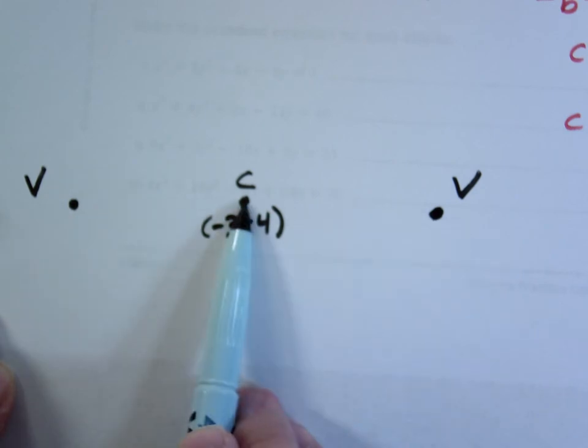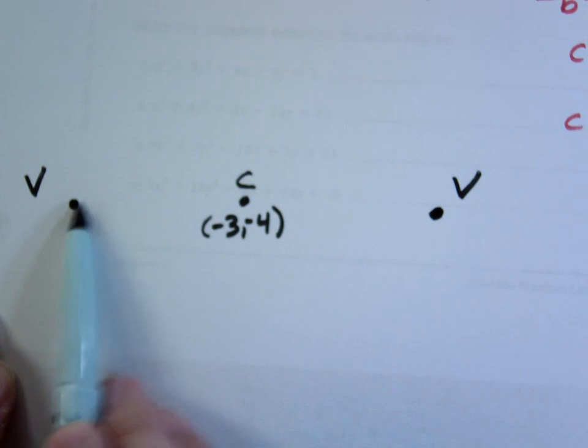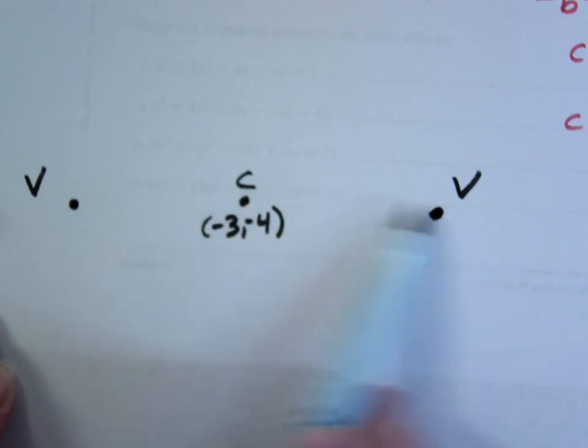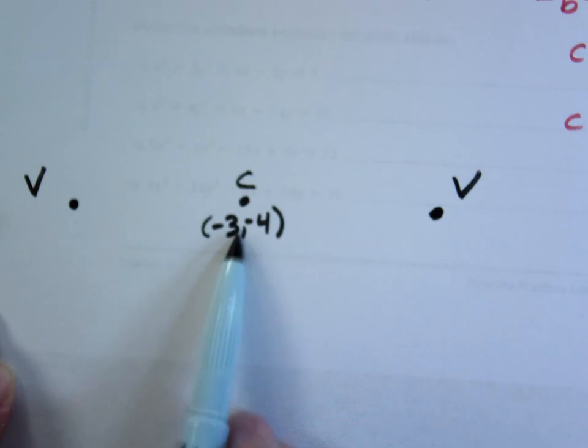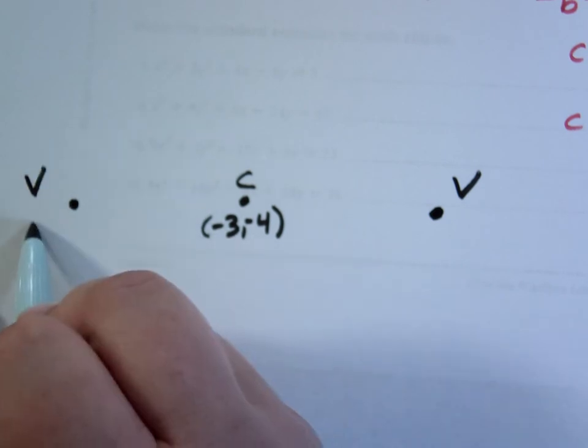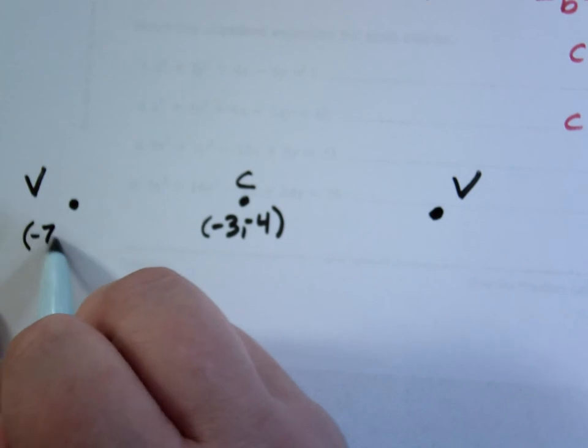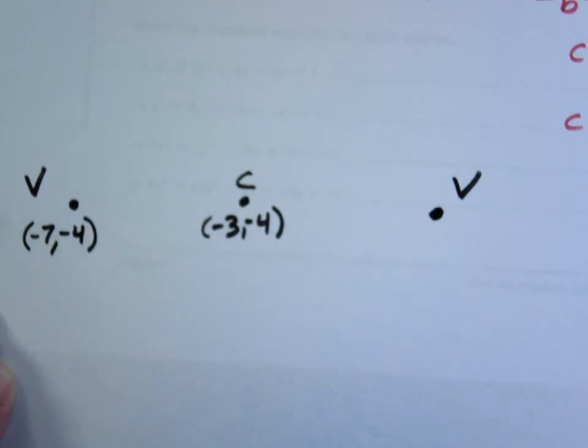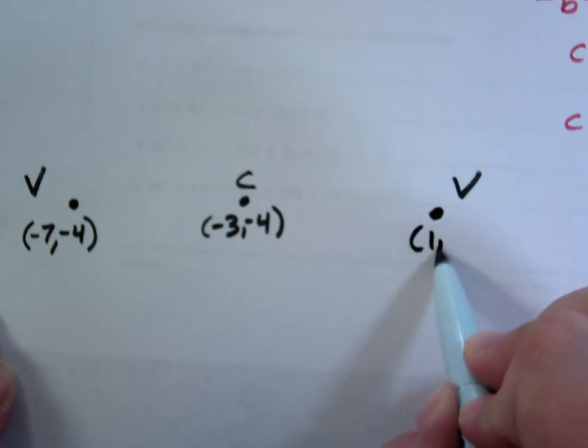That's the same thing as saying -4 to get this way, +4 to get this way, and only the x is changing. So -3 minus 4, because a is 4, gives me -7. -3 plus 4 gives me 1.